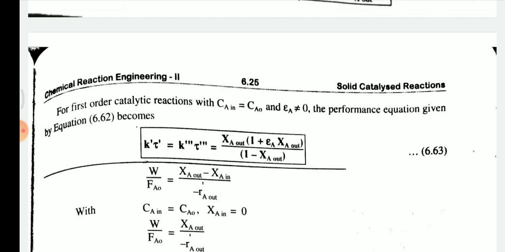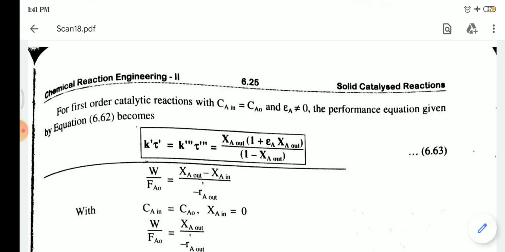So the performance equation is given by 6.62. It becomes K dash tau dash and K triple dash tau triple dash is equal to Xa out 1 plus summation of Ea Xa out epsilon A out into sigma A out divided by 1 minus Xa out.